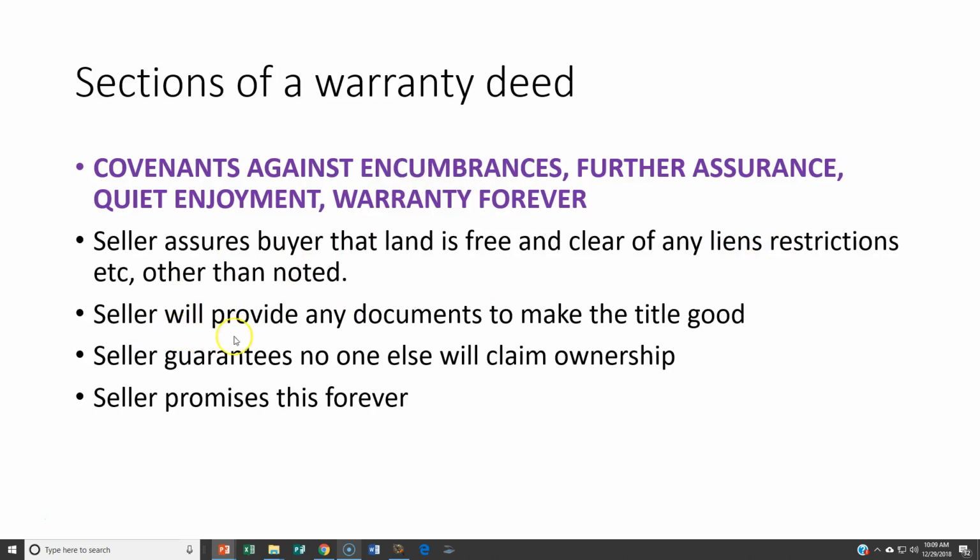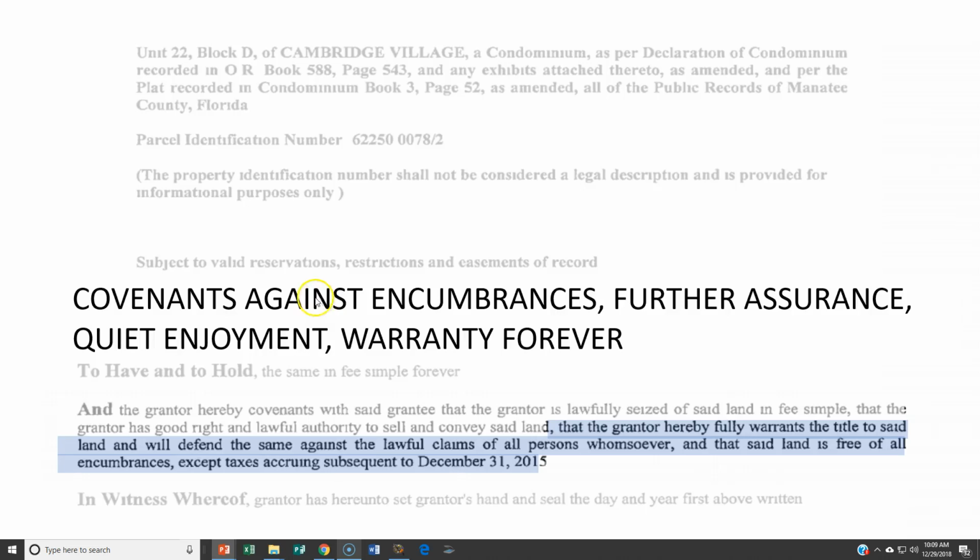And the seller will provide any documents to make the title good. That's further assurance. And the seller guarantees that no one else will come along and claim ownership. In other words, they can enjoy the ownership quietly, quiet enjoyment, and the seller promises this forever. And there it is actually on the deed there.